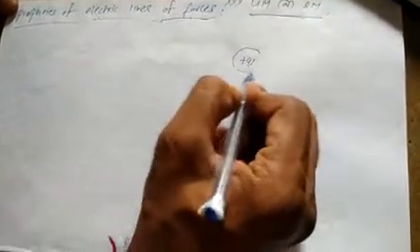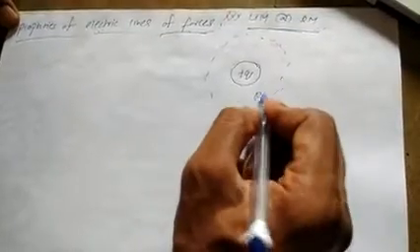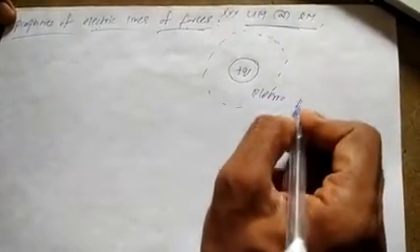So here, if you take one positive charge, around this charge, we already know that this region is called the electric field region.